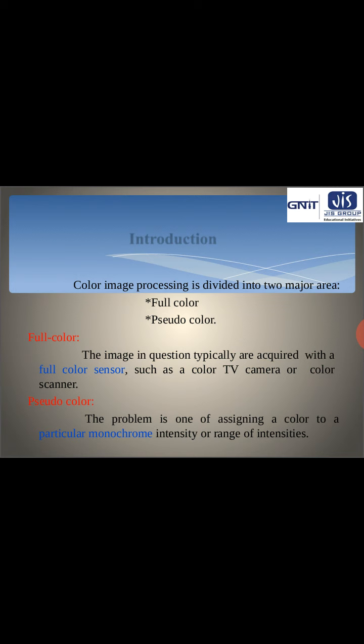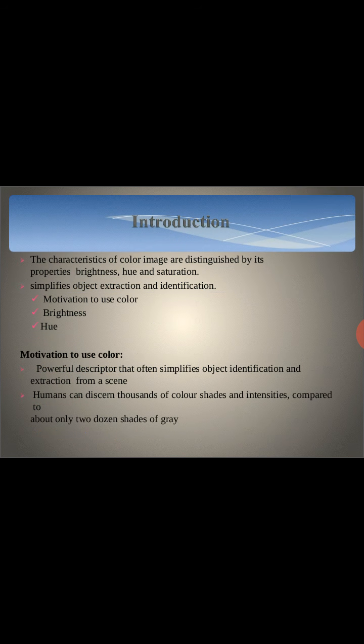If we move forward, we can see the characteristics of color images are distinguished by their properties: brightness, hue and saturation. It simplifies object extraction and identification. It motivates the use of different colors, brightness and hue. Motivation to use color: it is a powerful descriptor that often simplifies object identification and extraction from a scene.